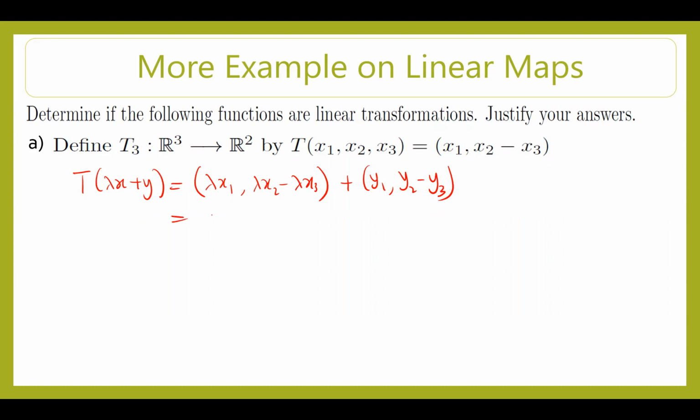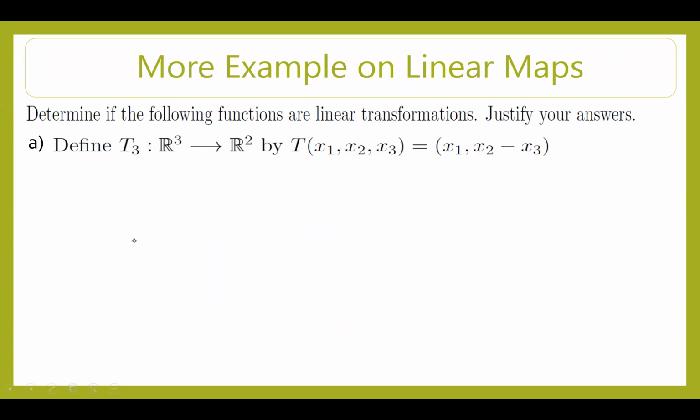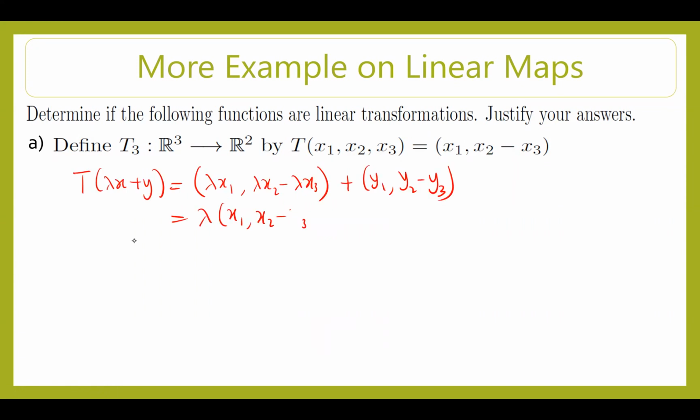And again, lambda is common here, so I pull out the lambda, so I have x1 comma x2 minus x3 plus y1 comma y2 minus y3.